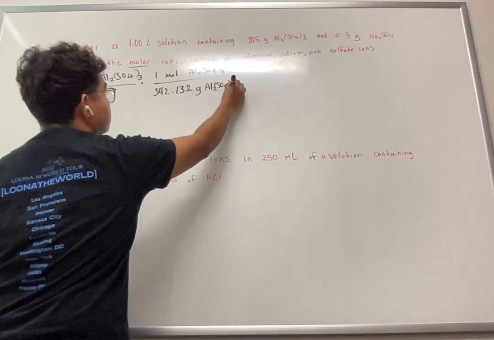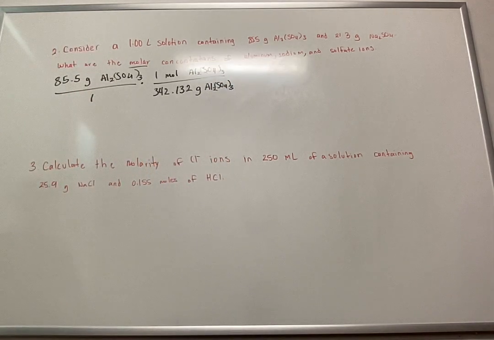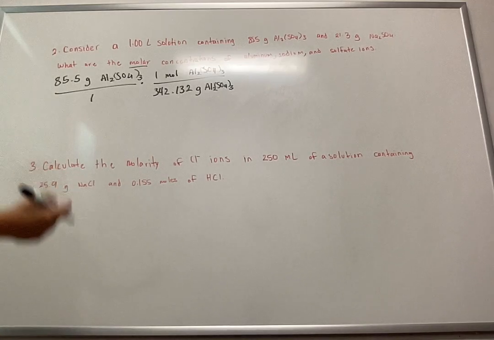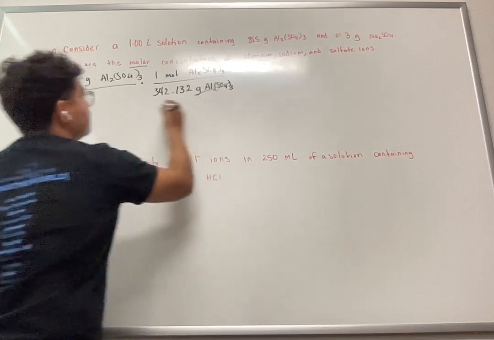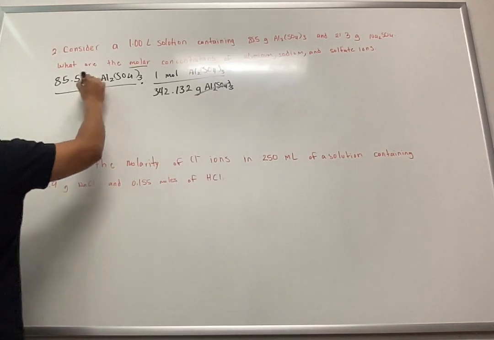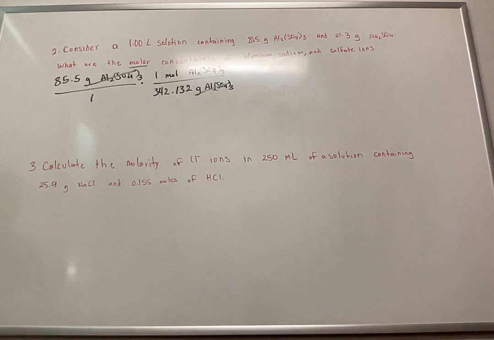I recommend you try to find that same number though, just so that you know how to do it when you get to the test, and it's not something extra that you have to memorize. Because if you know how to do it, it's not something you have to memorize. So grams of Al2(SO4)3 cancel out, and now we've got 85.5 divided by 342.132.